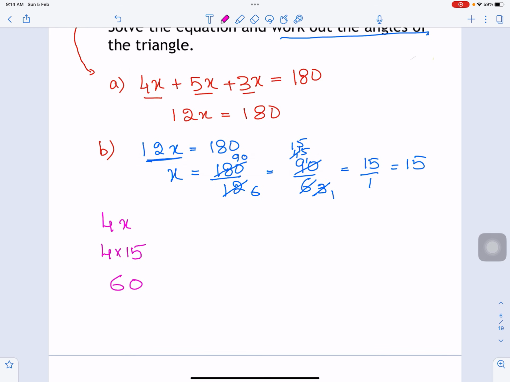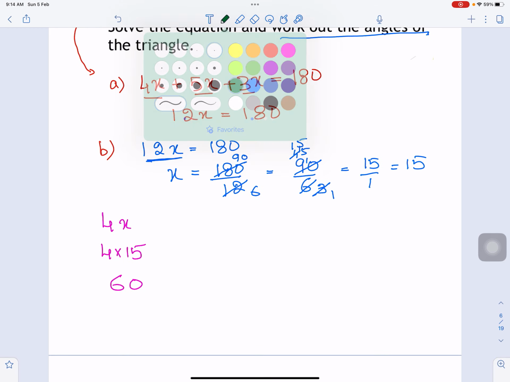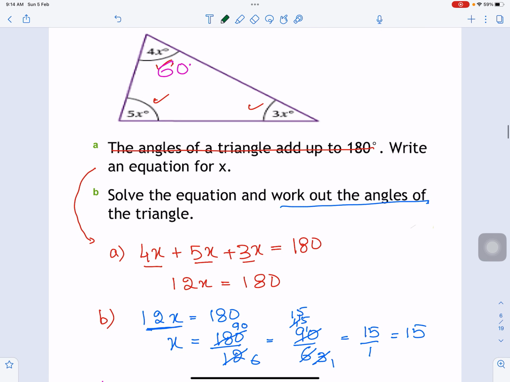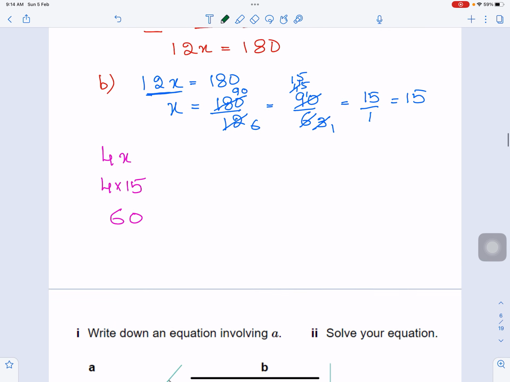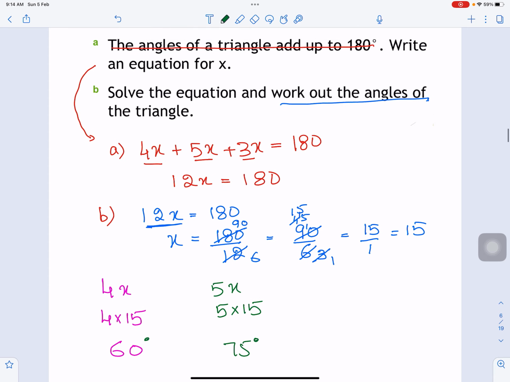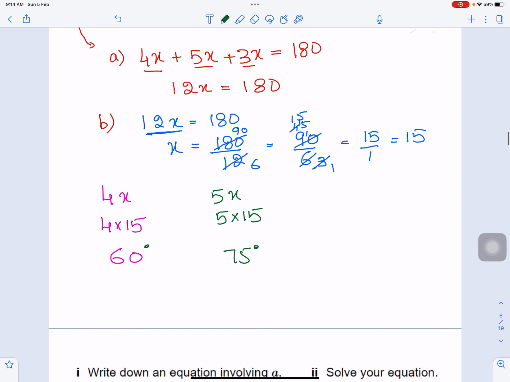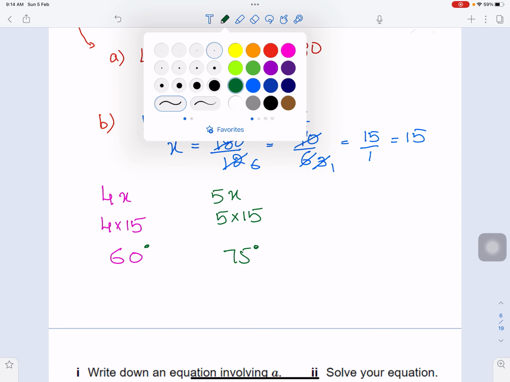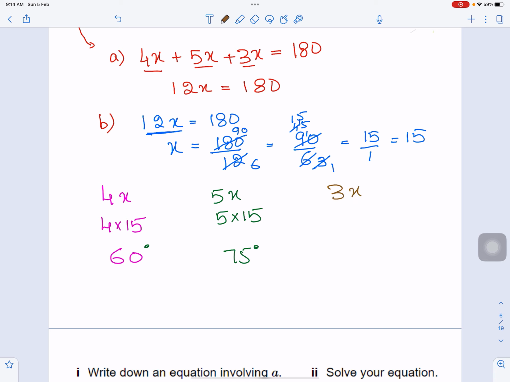Let me change the color. Another angle was 5x, so you will do 5 times 15. So it will be 75. So one angle is 75 degrees, one is 60 degrees, and one was 3x, which means 3 times 15.